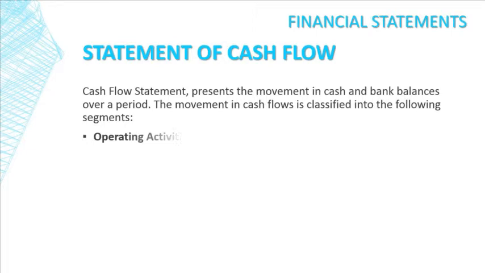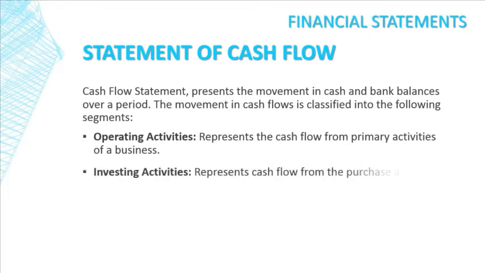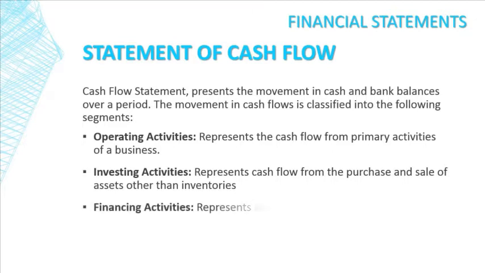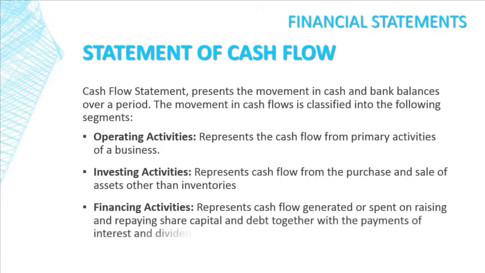The operating activities represent the cash flow from primary activities of a business. Investing activities represent cash flow from the purchase and sale of assets other than inventories. An example is the purchase of a factory plant. Financing activities represent cash flow generated or spent on raising and repaying share capital and debt, together with the payments of interest and dividends.